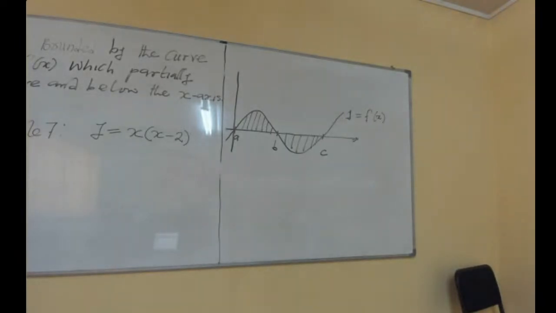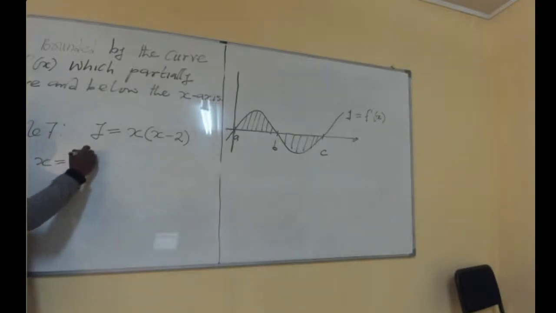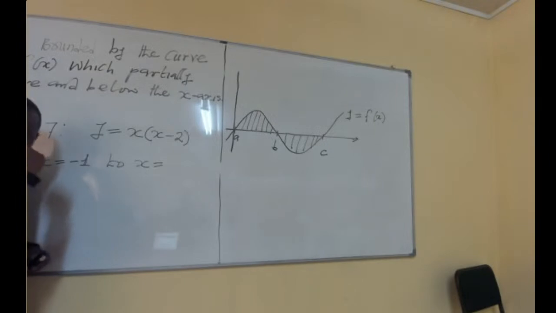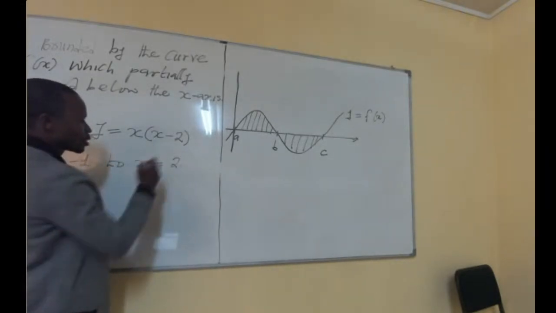So we are finding the area bounded by the curve y equal to x squared minus 2x, and the x-axis, where x runs from x equal to -1 to x equal to 2.